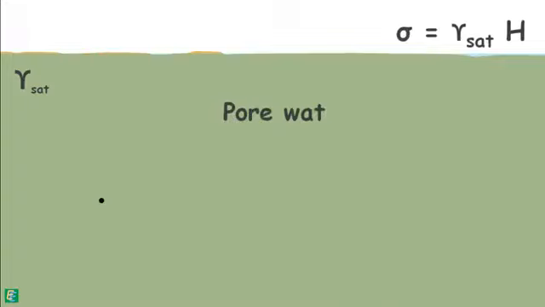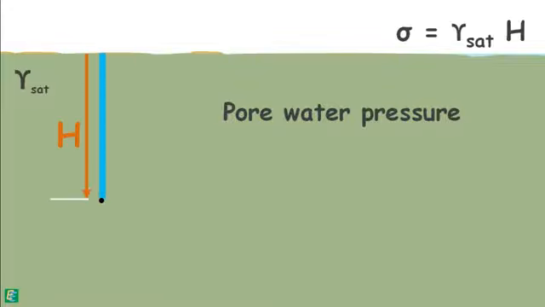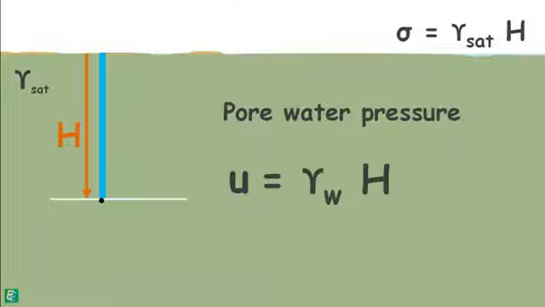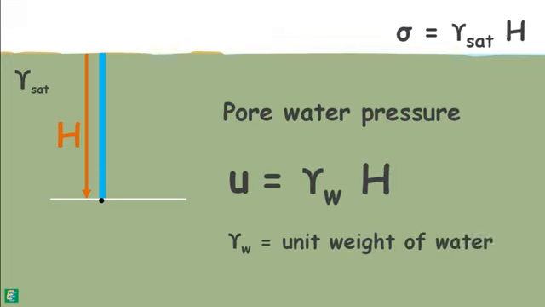Now, the pore water pressure at this point in the soil is the pressure due to the weight of water column above it of height h. So pore water pressure at this point is also the weight of water column divided by the area. So pore water pressure can be written similar to the total normal stress as this. Here gamma W is the unit weight of water.